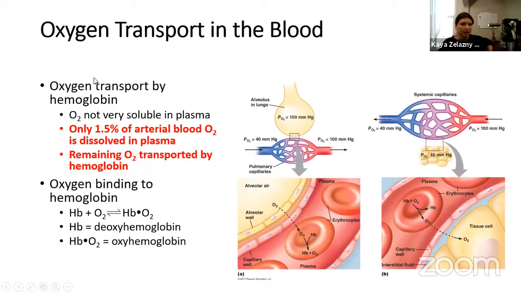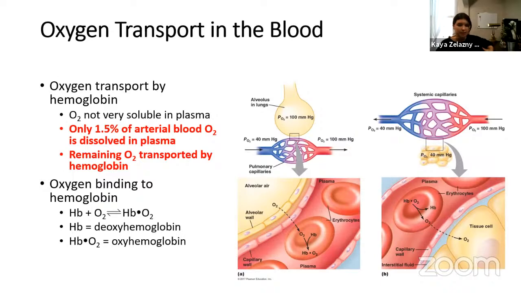So oxygen gets transported by hemoglobin. Oxygen, as we saw, has low solubility in water, which means it's not very soluble in the plasma either. So when we are looking at oxygen in the blood, very little of it is actually dissolved in the plasma.